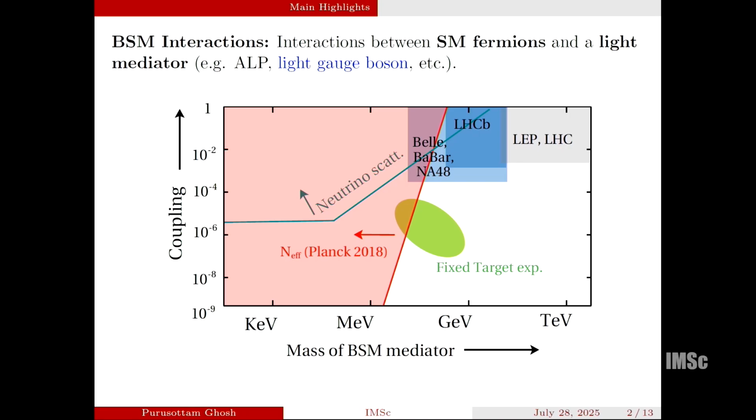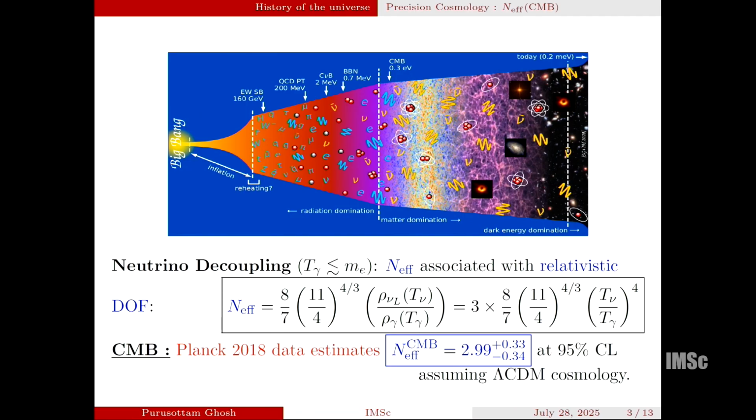Let me start with this figure. This is a very well-known figure that shows the history of the universe across the different epochs. In this talk, I mainly focus on the epoch between after BBN and before recombination, where the temperature spans from a few MeV to eV.